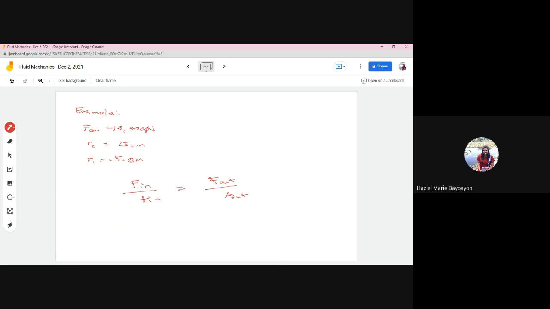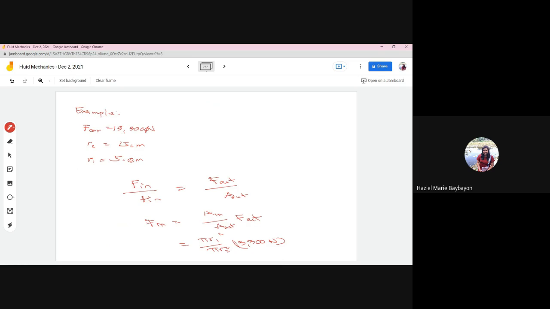So we have F in is equal to A in over A out times F out. This is equal to pi r sub 1 squared over pi r sub 2 squared multiplied by 13,300 newtons.